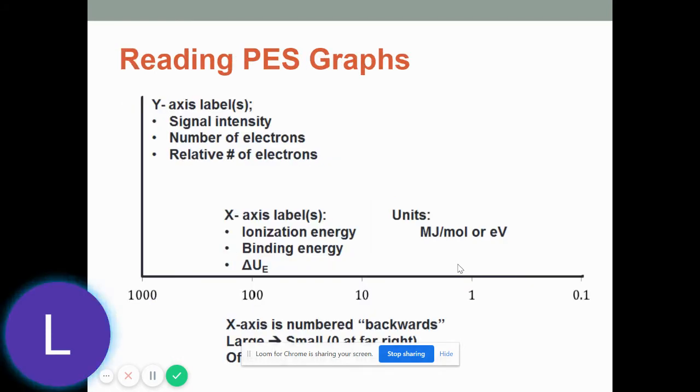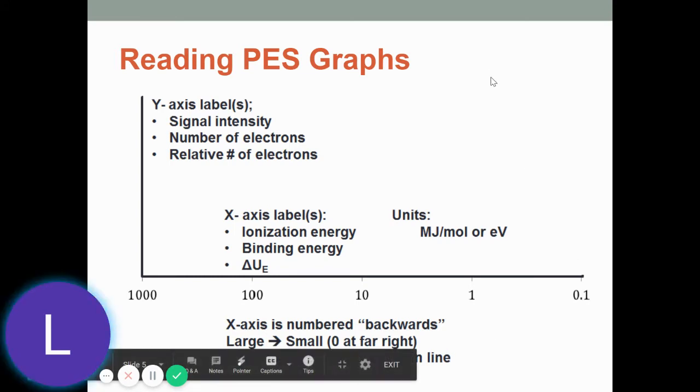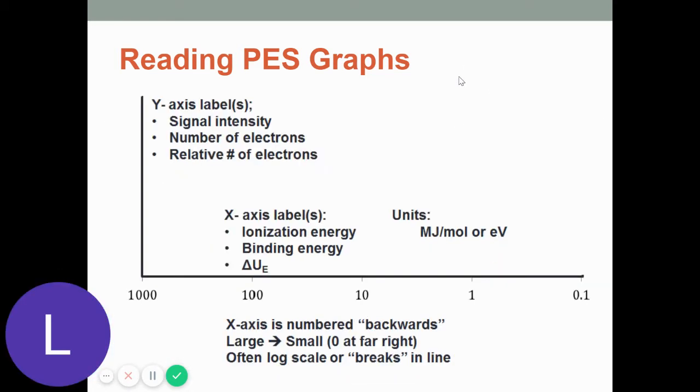All right, reading the graph. Reading the graph is not complicated, but it takes some getting used to. So your y-axis is going to be your number of electrons in that subshell. So this is really going to be graphing essentially electron configurations.